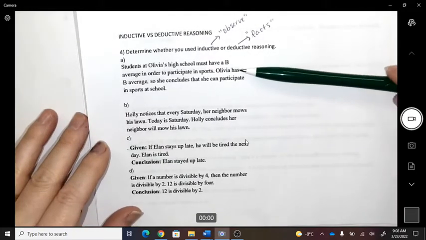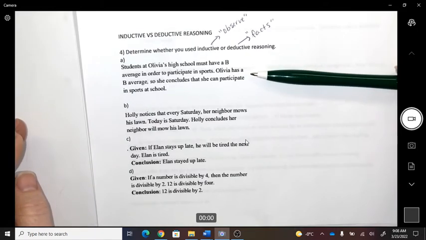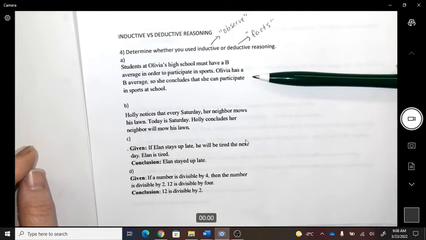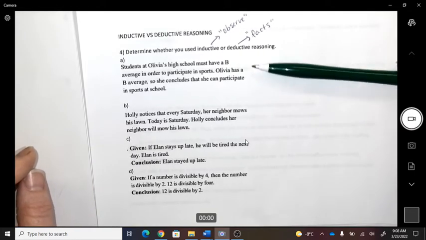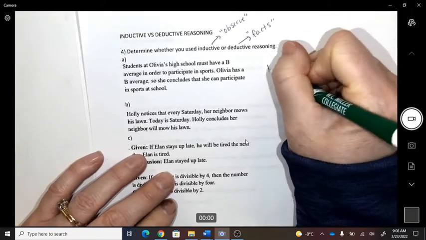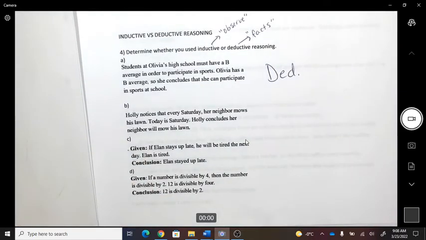Okay, students at Olivia's high school have to have a B average in order to participate in sports. Olivia has a B average, so she concludes that she can participate in sports. What do you think? Was that observations or facts? I think that was facts. We concluded it based on a bunch of facts.